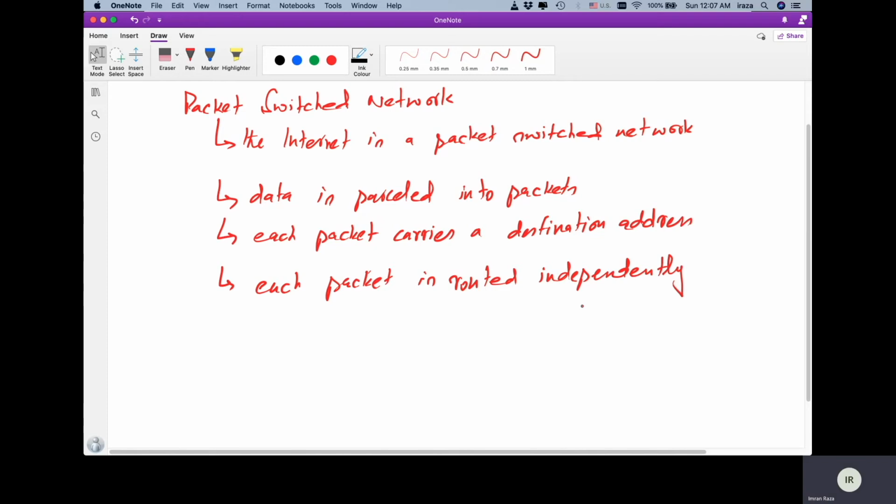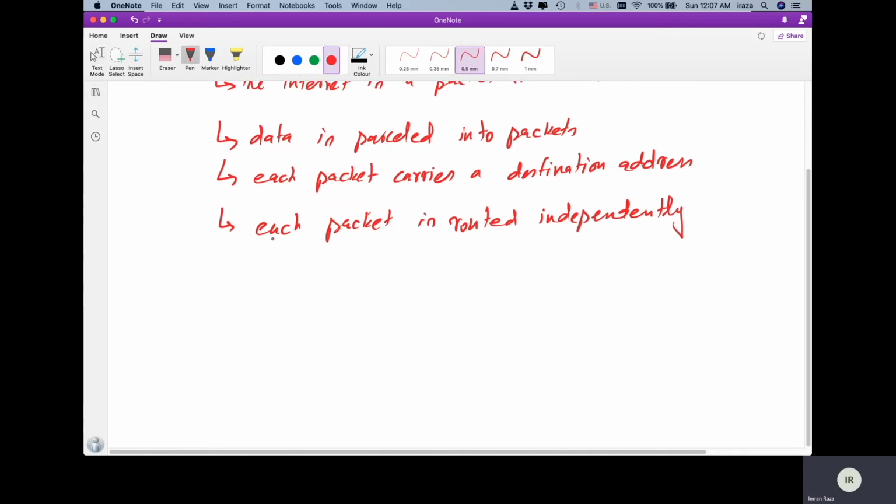This means packet one can take a different path to reach the destination, and the second packet can take altogether a new path to reach the destination. And there is a possibility that packets can arrive out of order. We know this; we have discussed this concept at the transport layer, that packets can arrive out of order.